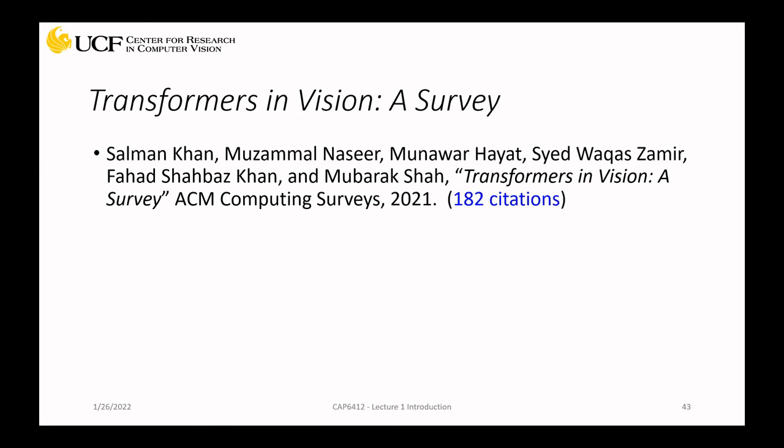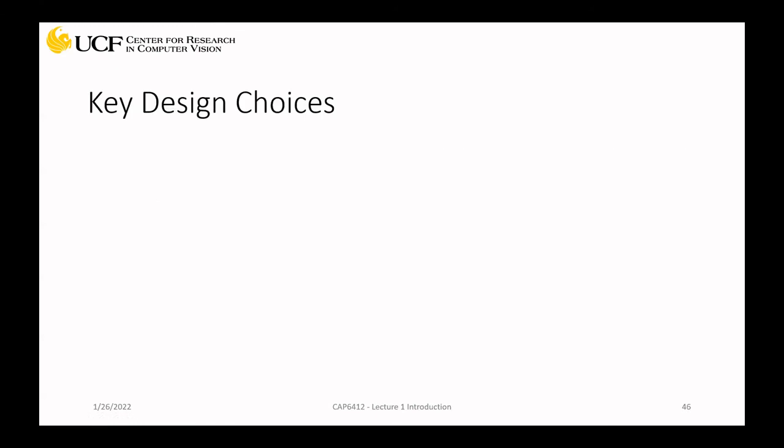This was accepted in the ACM Computing Surveys. We already have quite a few citations. Okay, so the important thing is what are these different design choices when you apply the transformer. You go through what problem or task you are solving, what's the method, what are the different highlights, and what's the input data, what's the label type, what's the loss.